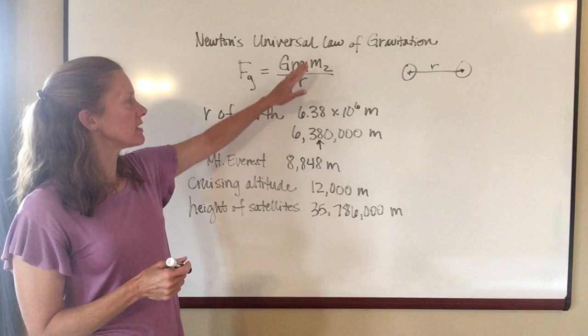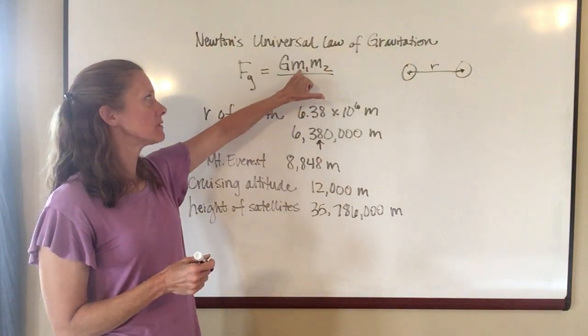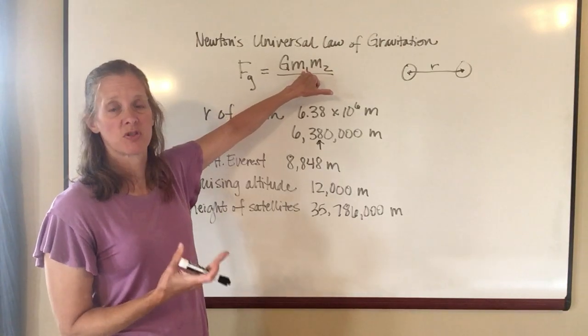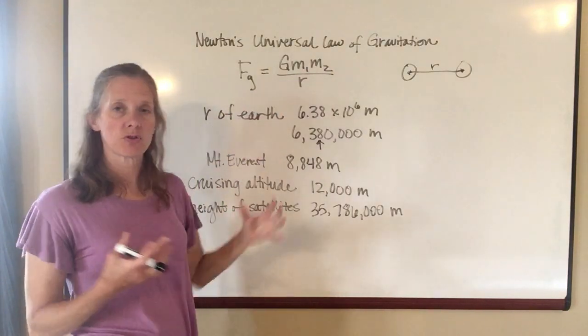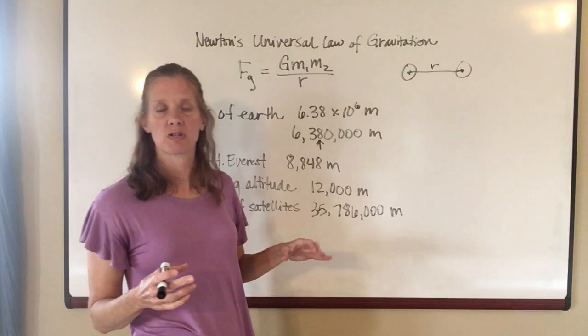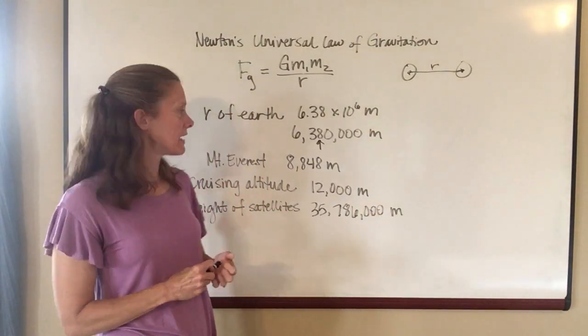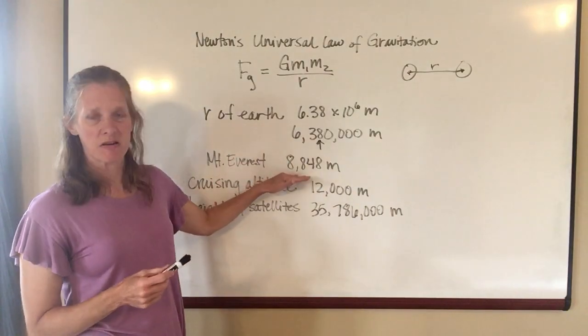And so I know that 9.8 times the mass of whatever object I'm talking about is what the force of gravity is. So the force of gravity, 9.8 meters per second squared, is a really good approximation no matter where I am on the Earth. Again, it will change slightly depending on your elevation.